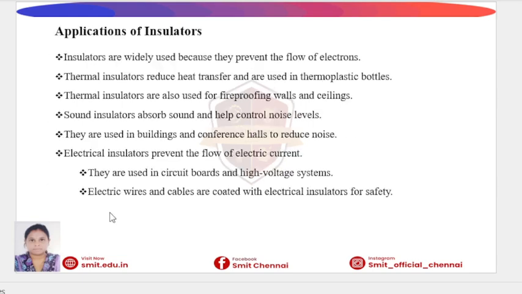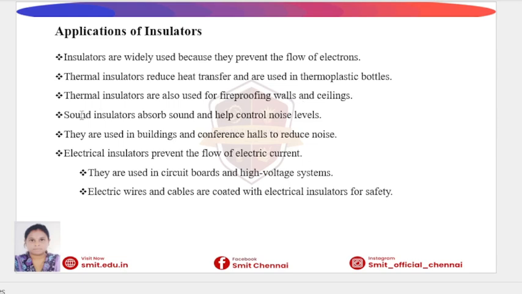And then applications. So insulators are widely used because they prevent the flow of electrons. Thermal insulators reduce heat transfer and are used in thermoplastic bottles. And then thermal insulators are also used for fireproofing walls and ceilings.